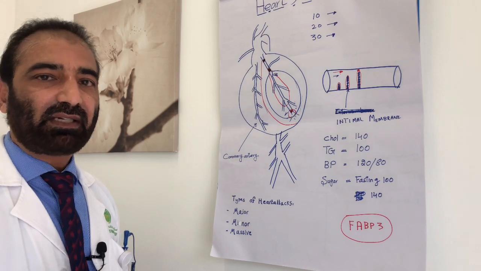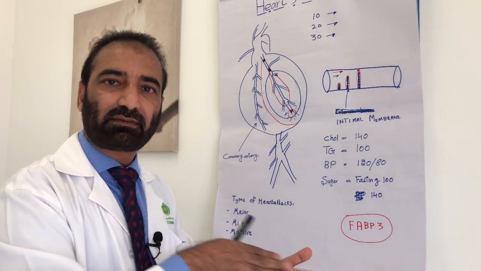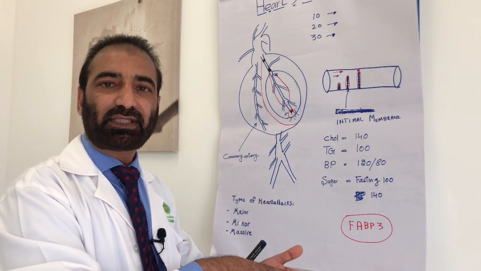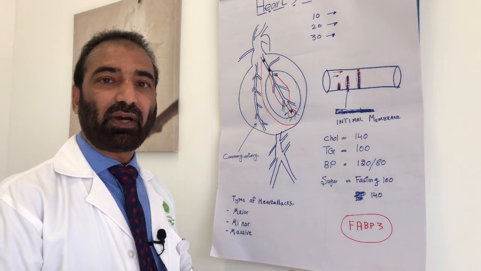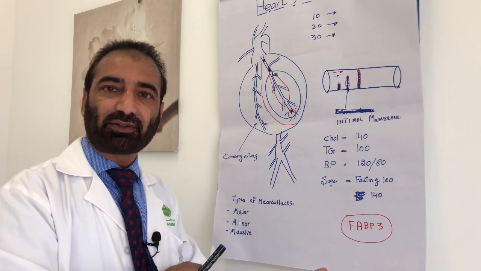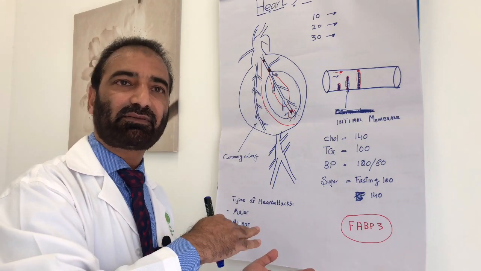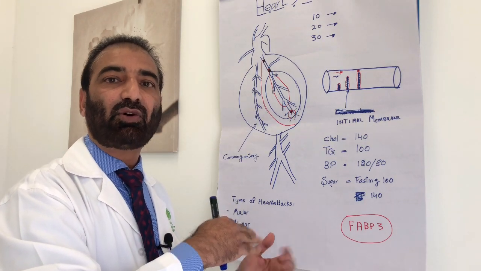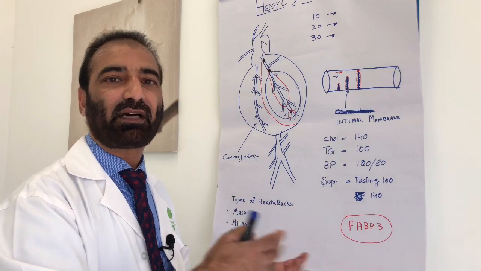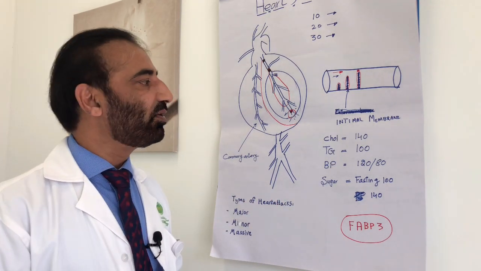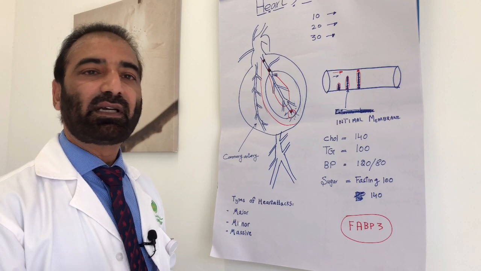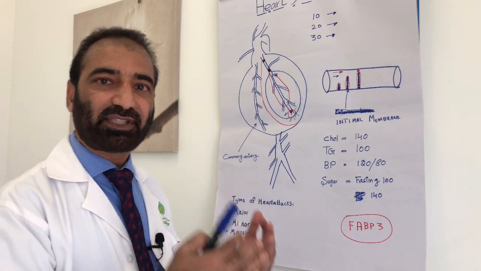So what I have to do is stop putting in the notes. And if I can take some notes out, this we call reversal of heart disease. With reversal of heart disease, the patient has no chance of getting a heart attack. So I will explain how it can be reversed or stopped.